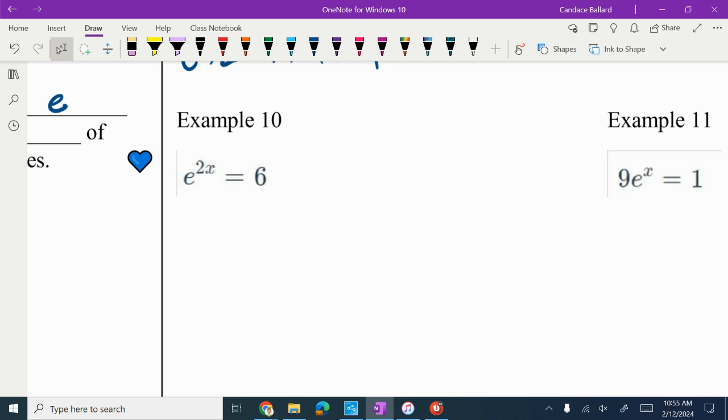Notice I have an E in the problem. So when I have an E in the problem, first I have to isolate it. I get it by itself, which it already is. And whatever I do to the left side, I have to do to the right side. So on Friday, we were logging both sides. When there's an E instead of logging, we natural log both sides. So I'm going to take the natural log of both sides.